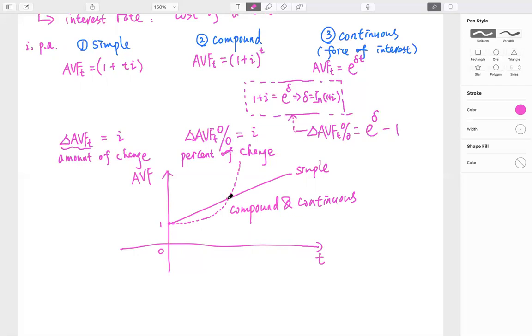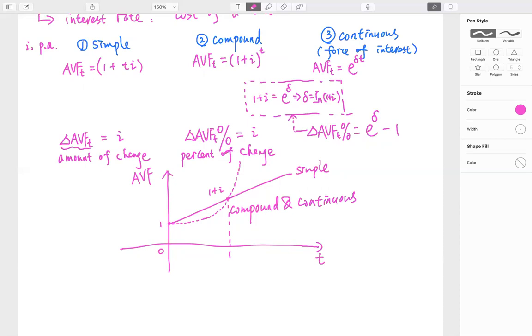We know where they cross at 0 and 1, right? At 0, your value is 1 for all of them. At 1, it is 1 plus I. So for 1 year, it really doesn't matter. If you consider a 1 year loan, all three interest rate forms will give you the same result.